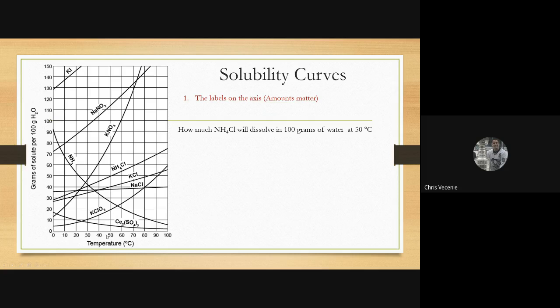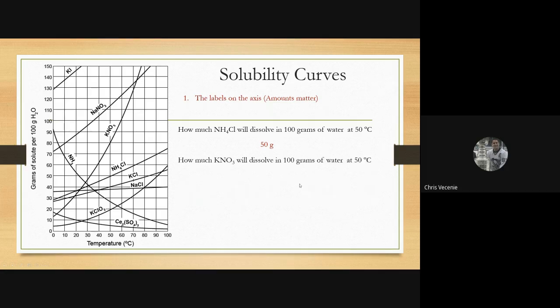I hit here, and whatever the amount of solid says on the y-axis, that is how much NH4Cl can dissolve at 50 degrees. So I trace over. In 100 grams of water at 50 degrees, I can dissolve 50 grams of NH4Cl.